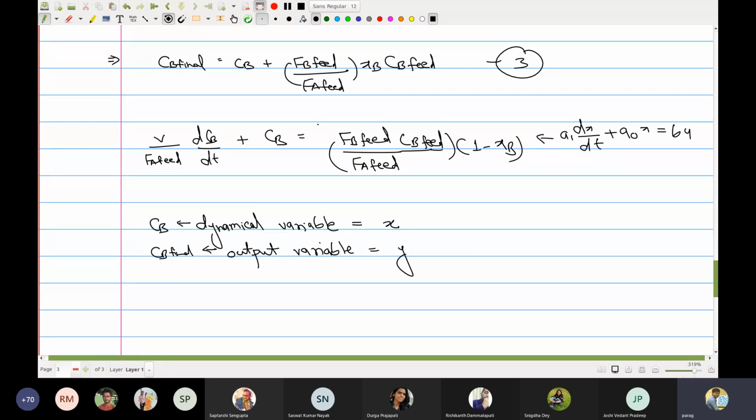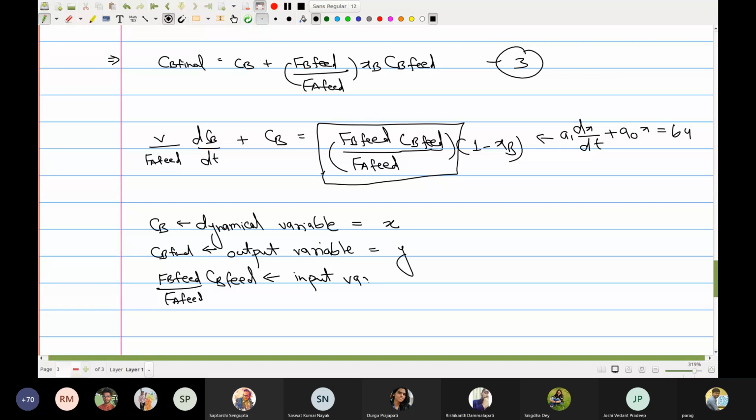So let me denote this as FB feed upon FA feed times CB feed. I keep on changing any of these three variables, I can change the output variable. So this is my input variable, which is equal to u. We denote it as u.